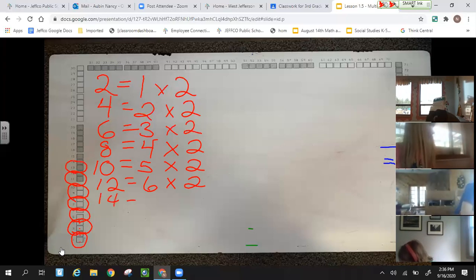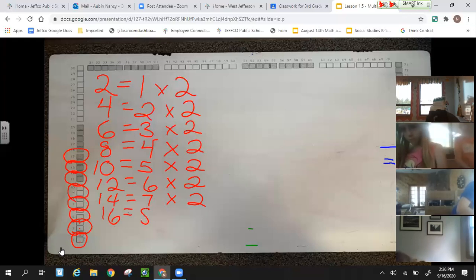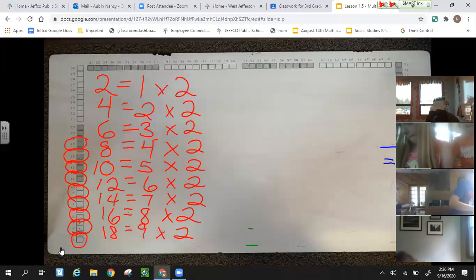That makes 14. 7 groups of 2. I'm going to circle another group of 2. That makes 16, which equals 8 times 2. Another group. 9 groups of 2, and then I am done.